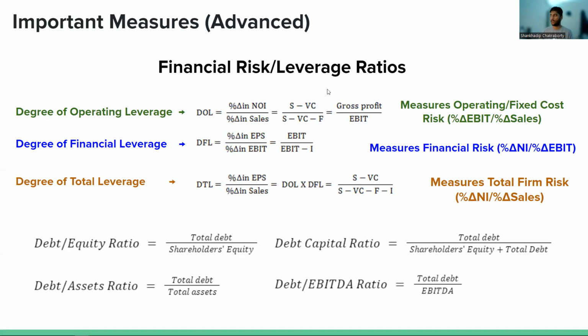That's why you see, in the equation, it's sales minus variable costs over sales minus variable costs minus fixed costs. So the only difference here is fixed costs. The higher the fixed costs, the higher the degree of operating leverage here. And it measures the percent change in NOI, which is just operating income, which is EBIT, that's earnings before interest and taxes, divided by percent change in sales.